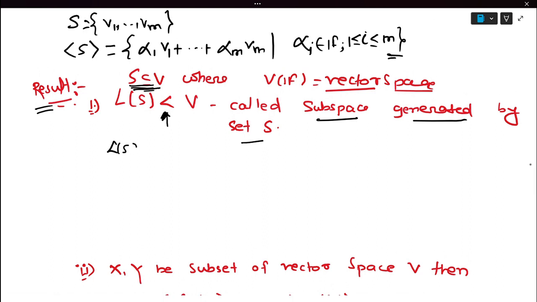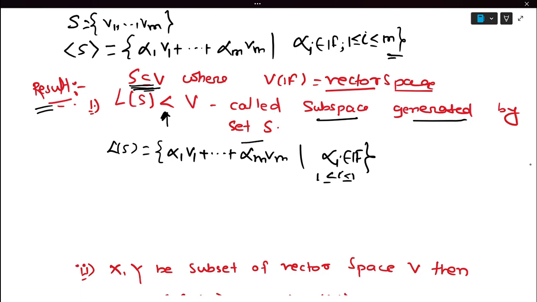We have L(S), which is alpha 1 v1 plus ... plus alpha m vm, where the alpha i's are from the field and i varies from 1 to m. So this is L(S).